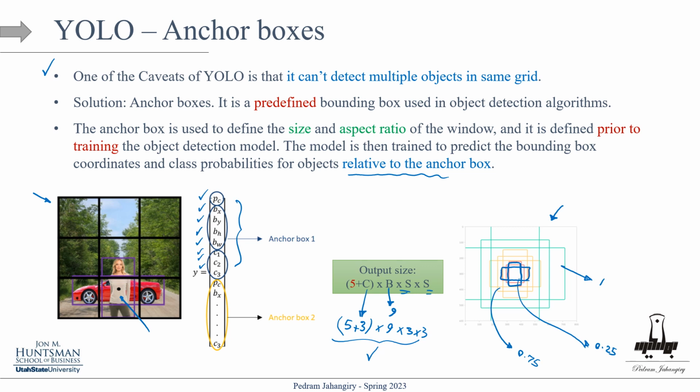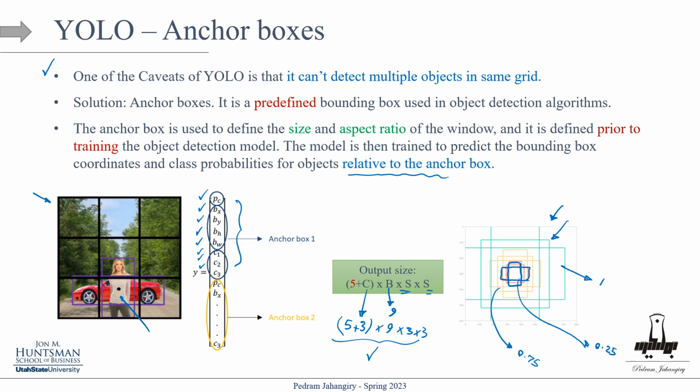One advantage of using anchor boxes is that they allow the object detection model to make predictions for objects of different sizes and shapes, simply because we're looking into different sizes and shapes here using the anchor boxes.